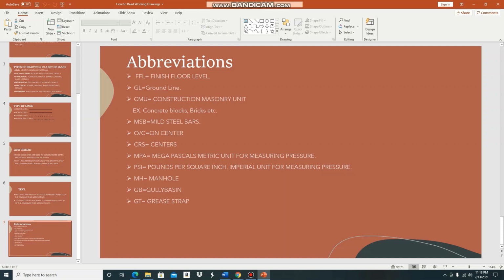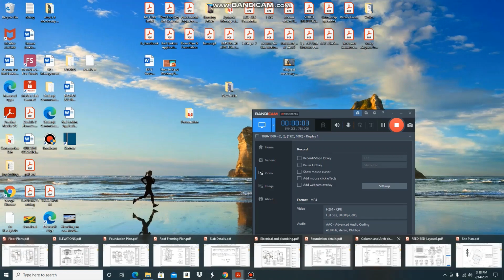So that pretty much sums up this part of my presentation where reading building drawings or blueprint drawings is concerned. I'm going to be taking you through an actual set of drawings where you can physically see these things applied, and then you can make a better connection and have a better understanding of what I'm talking about.